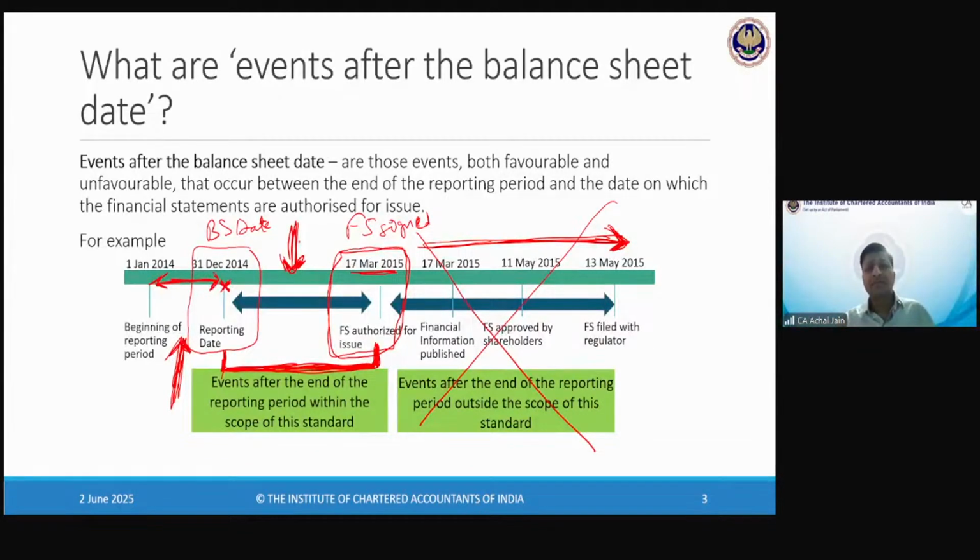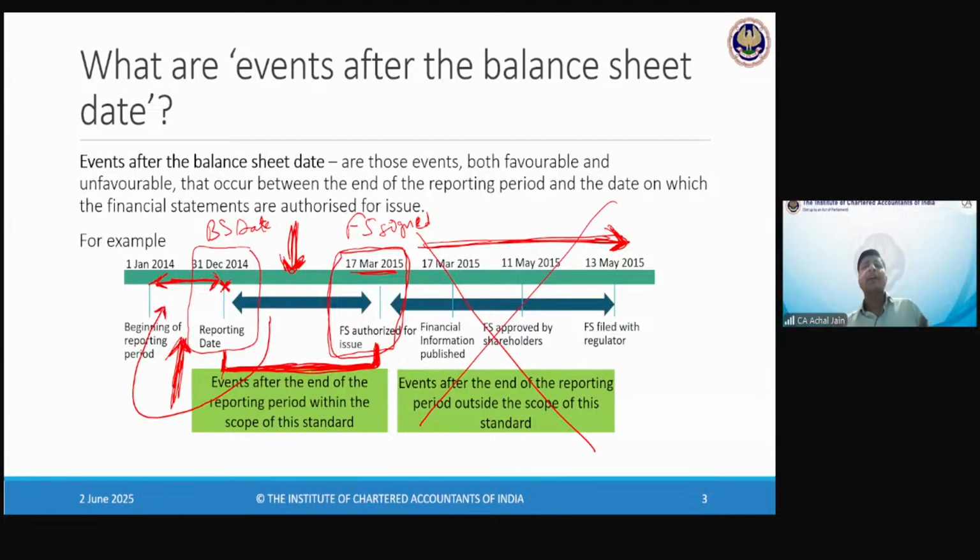But some of the events which occur during this period may have to be recorded or disclosed during the reporting year itself. So you may be thinking that, sir, how can we prepone the accounting of those events?